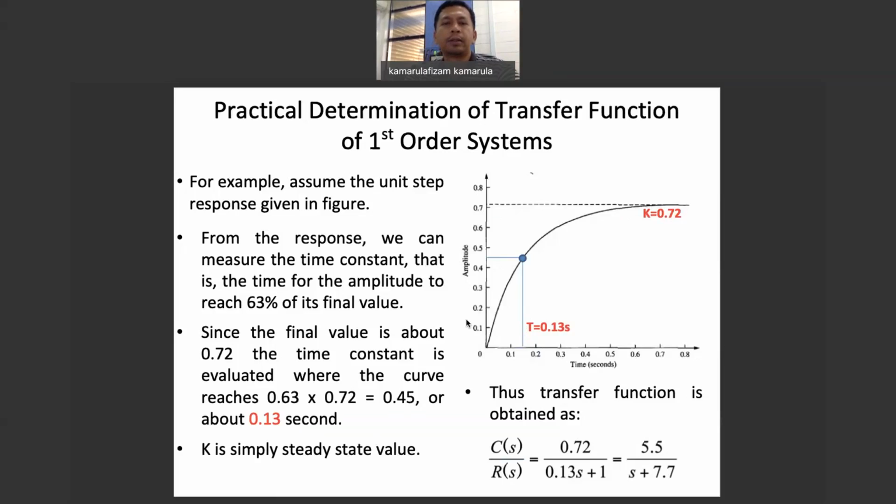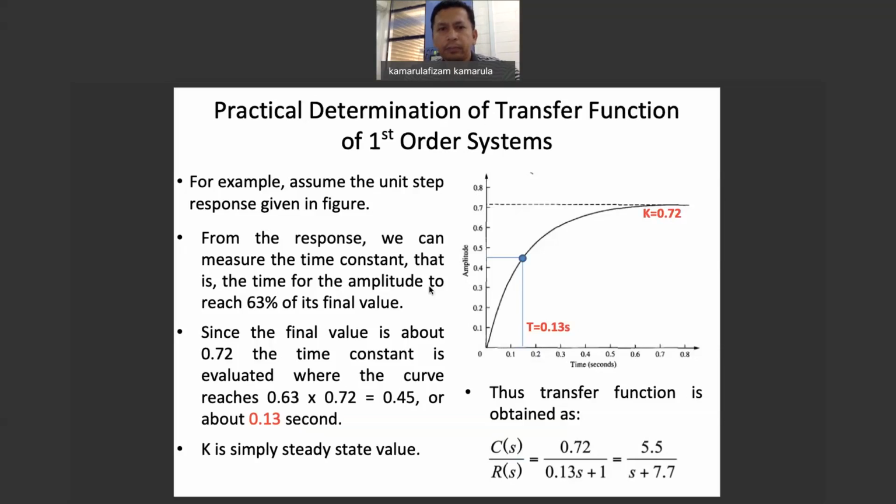So this is another way of finding out the control system or dynamic system transfer function just by looking at the graph. Before this, we had a transfer function, and we used that to draw a graph. But in this case, we have only the graph, and from the graph we try to come up with a transfer function.